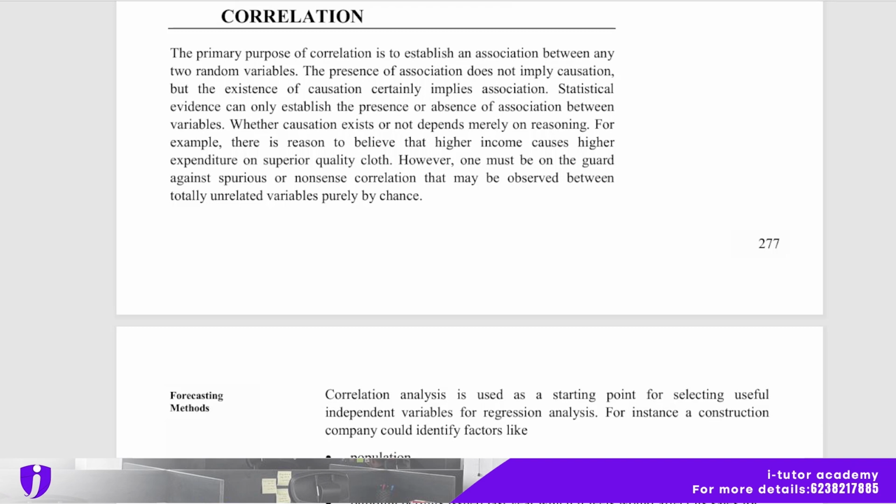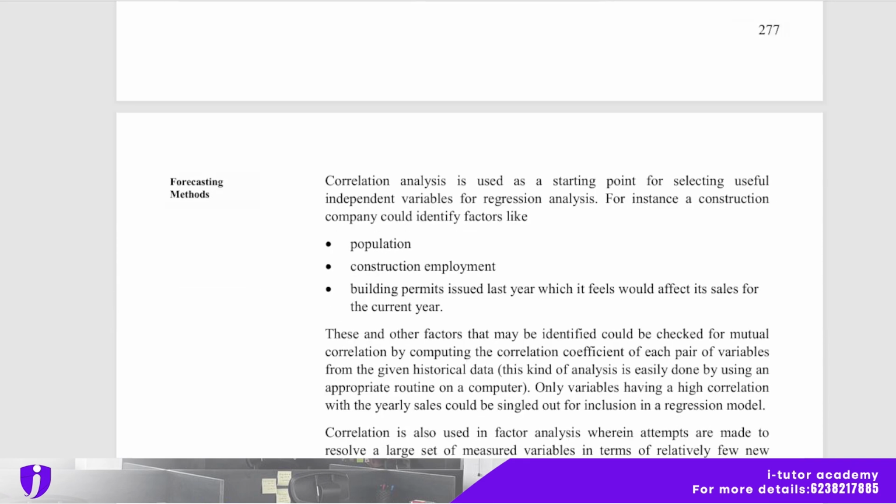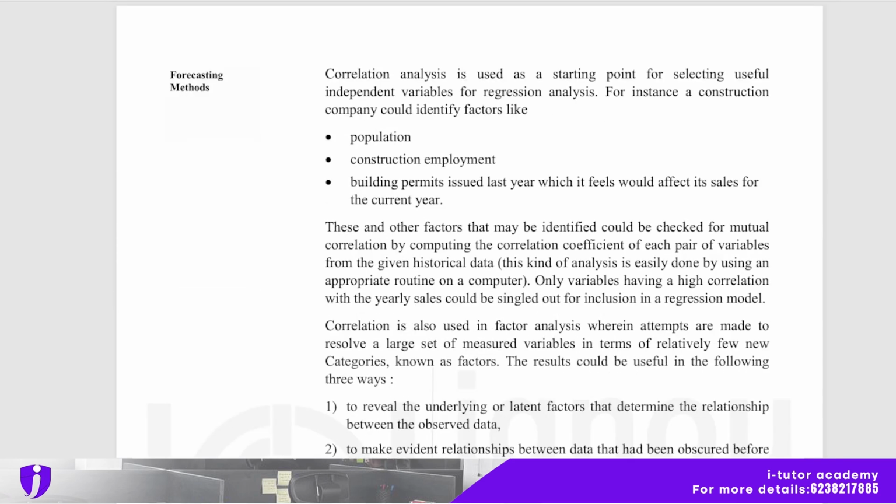variables purely by chance. And correlation analysis is used as a starting point for selecting useful independent variables for regression analysis. For instance, a construction company could identify factors like population, construction employment, and building permits issued last year, which it feels would affect its sales for the current year.